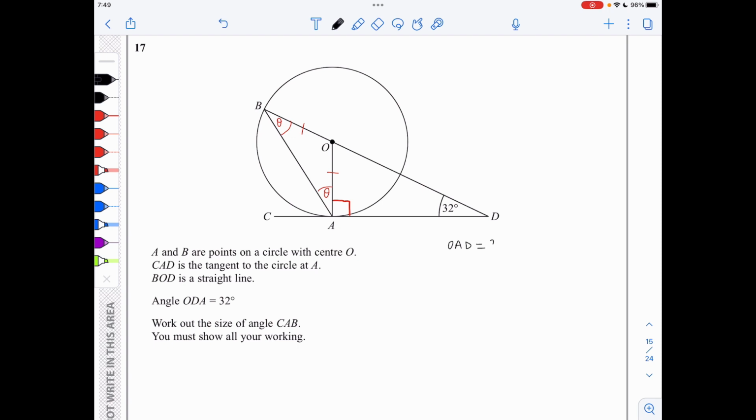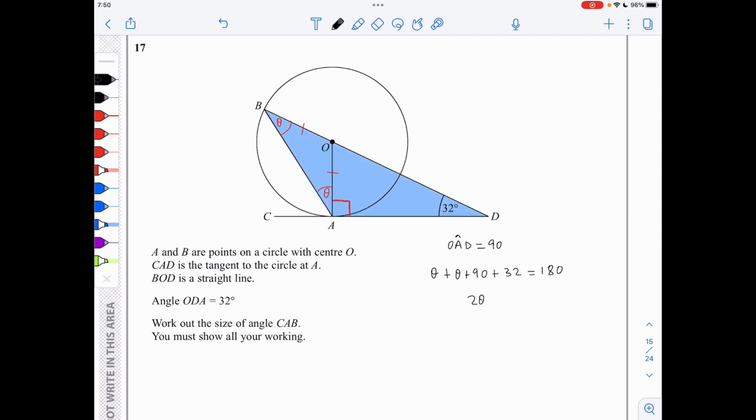OAD is 90 degrees. Then theta plus 90 plus 32 is equal to 180. I'm adding up the angles in triangle BAD shown shaded here.